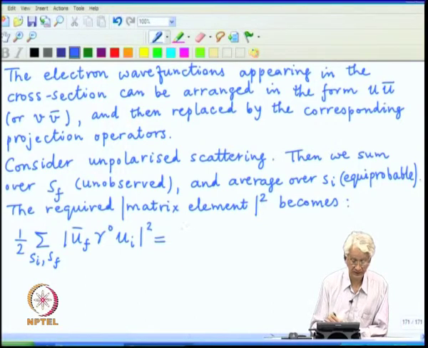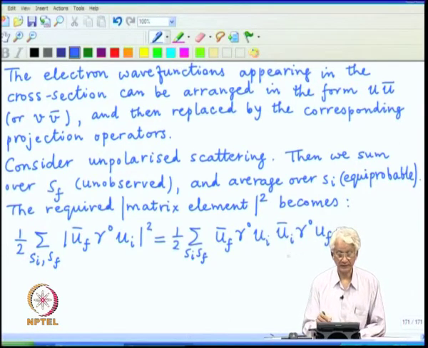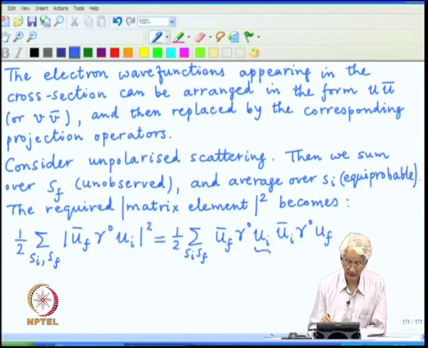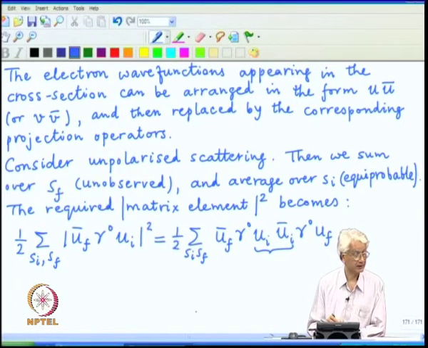So, we have now this object equal to half sum over Si Sf, then u bar f gamma 0 ui multiplied by ui bar gamma 0 uf, and here we see the structure explicitly appearing of the u u bar structure, which can be replaced now by a projection operator.